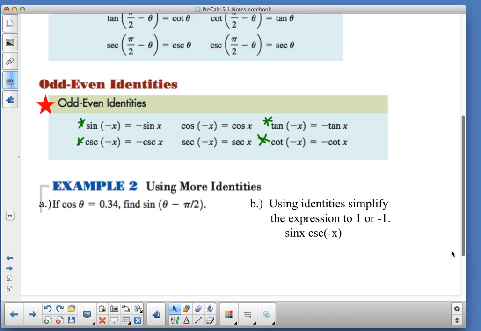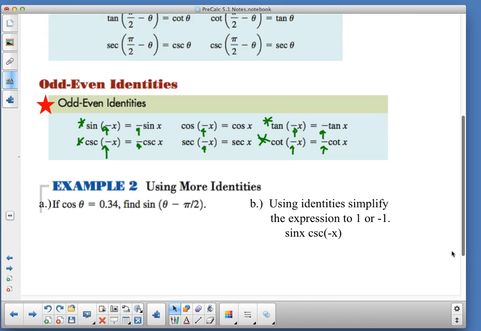Notice what happens with the value inside. It comes out, that negative comes out on the outside of the function. But when we work with the cosine value and the secant value, we drop that negative value. So that was part of that odd and even thing.